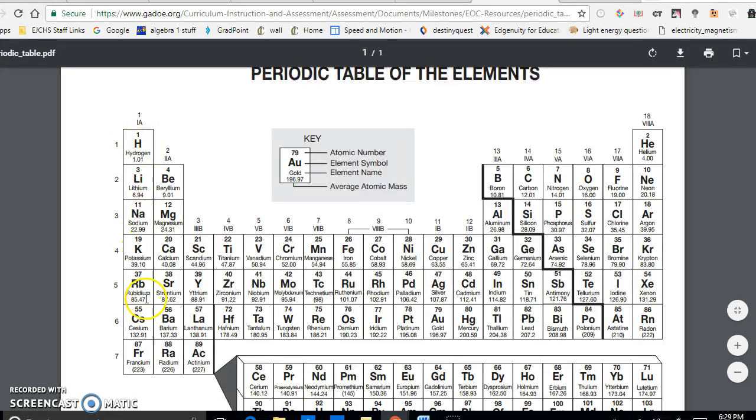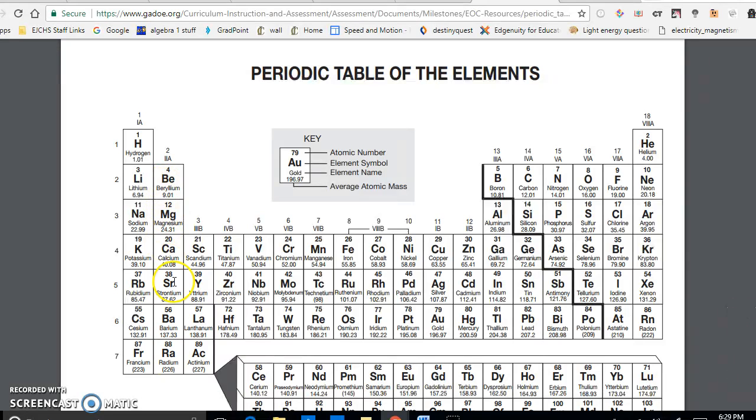So everything in this first column, hydrogen, lithium, sodium, potassium, rubidium, cesium, and francium, are all going to have one valence electron. Your second column, which is beryllium all the way down to radium, are going to have two valence electrons.